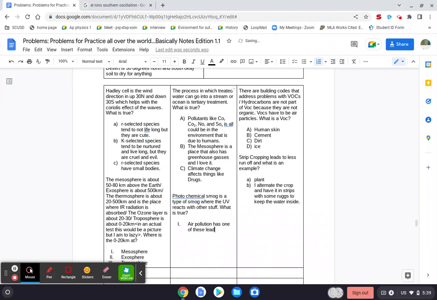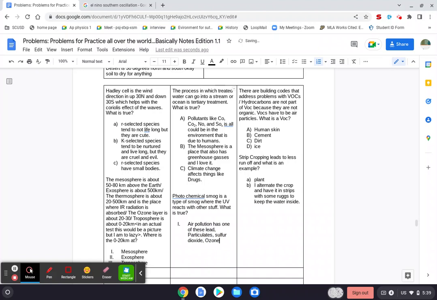Lead. I forgot to say it. Particulates. Sulfur dioxide. I'm just getting the ones that I remember in my head. Now I'm going to look at my book because I don't remember the other two. Ozone, yeah, ozone is a good thing and a bad thing, right?